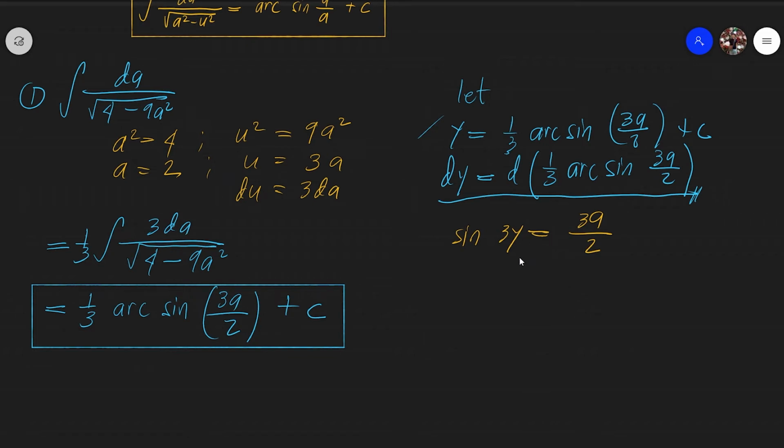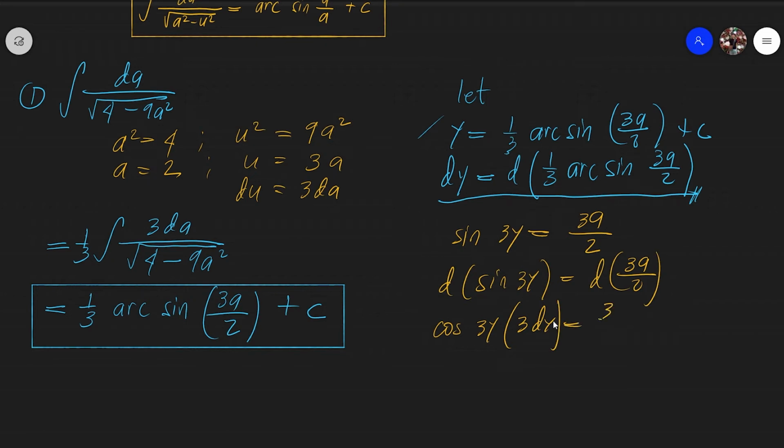So differentiating both sides of the equation, you will get d of sine 3y equal to d of 3a over 2. So the derivative of sine is cosine 3y times 3 dy, and this is equal to 3 halves dA.